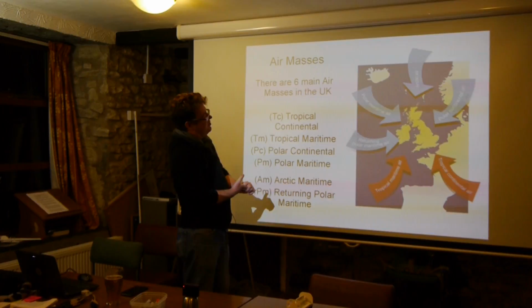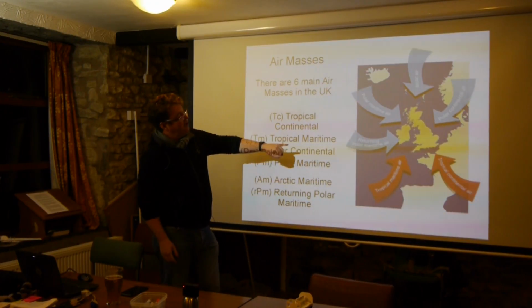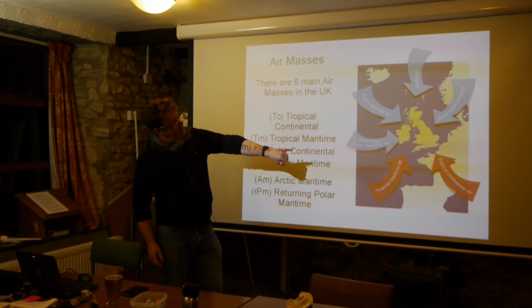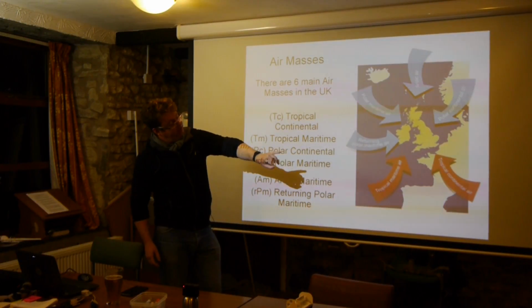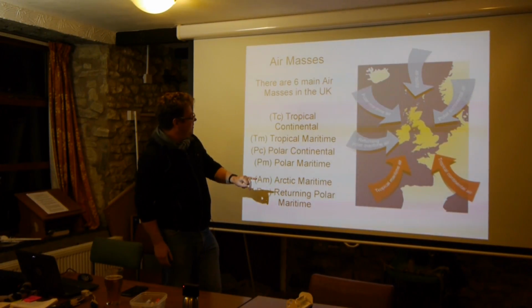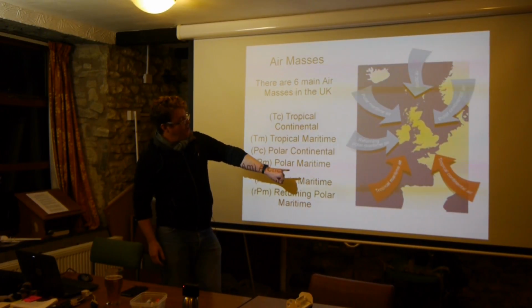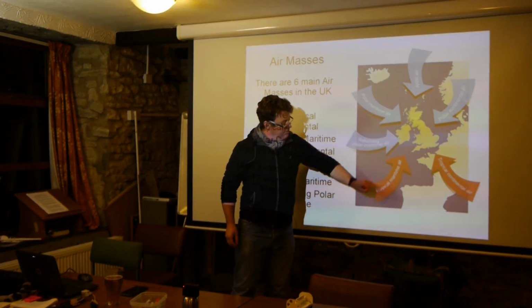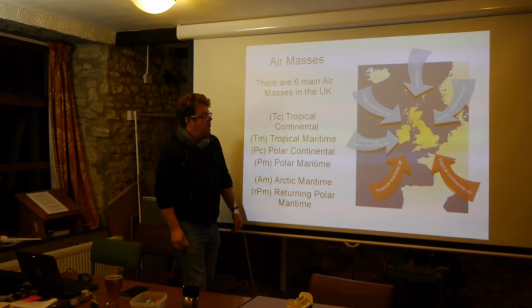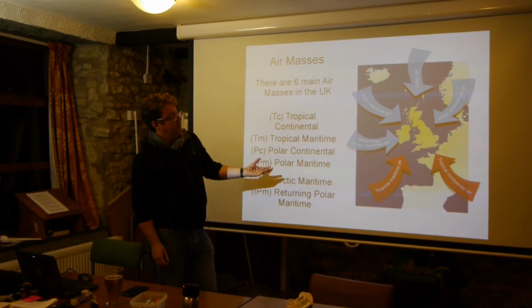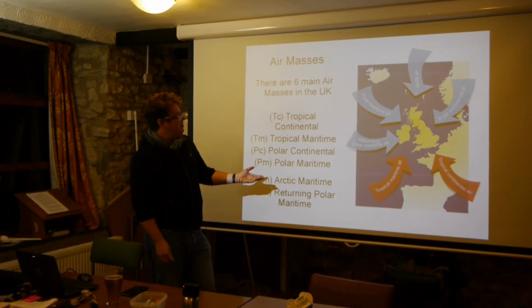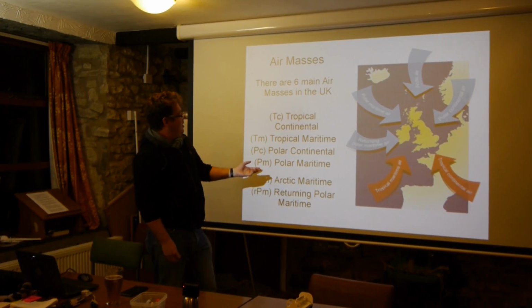So if we start in the bottom right hand corner, we've got tropical continental air, which is coming from further south on the continent, coming round in a clockwise direction. We then have tropical maritime air, which is coming from significantly south of the UK, but from the Atlantic direction, so it spent most of its time over water in a maritime environment.